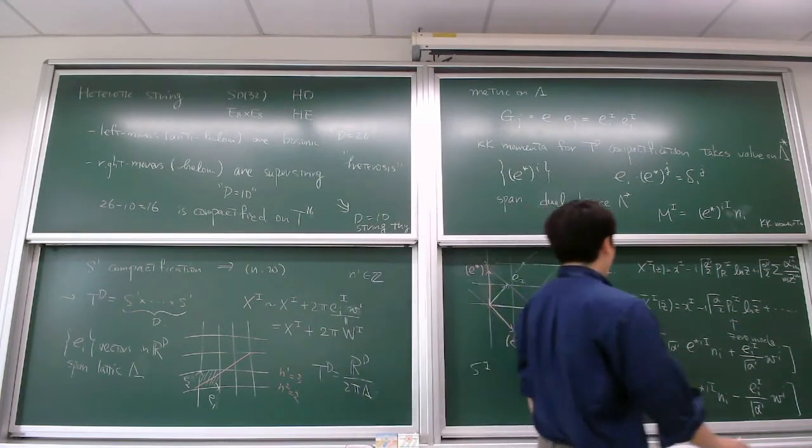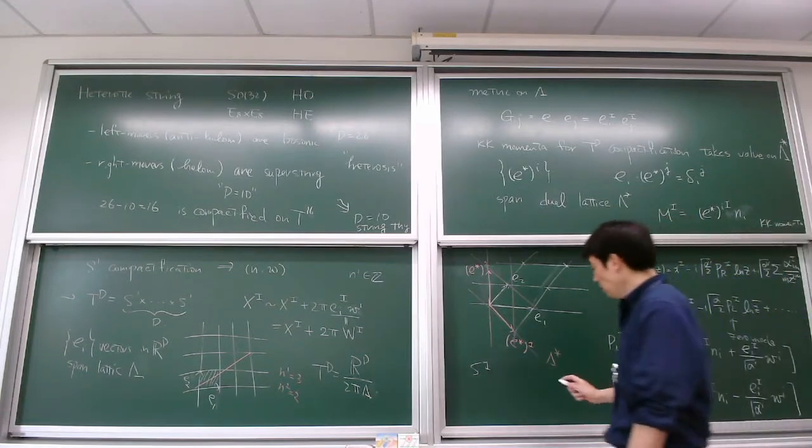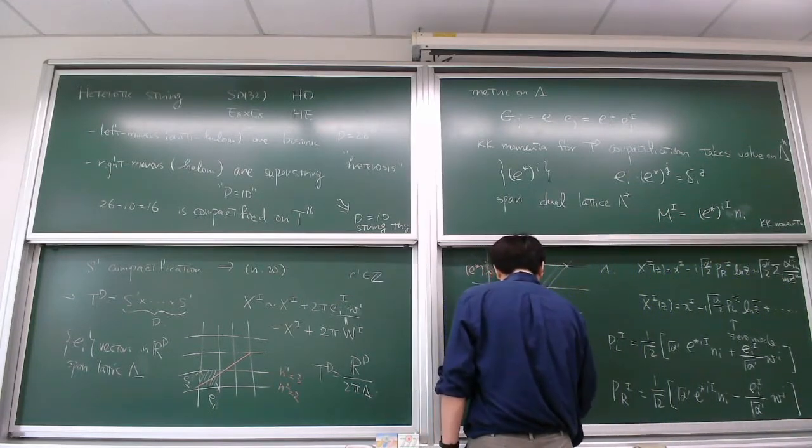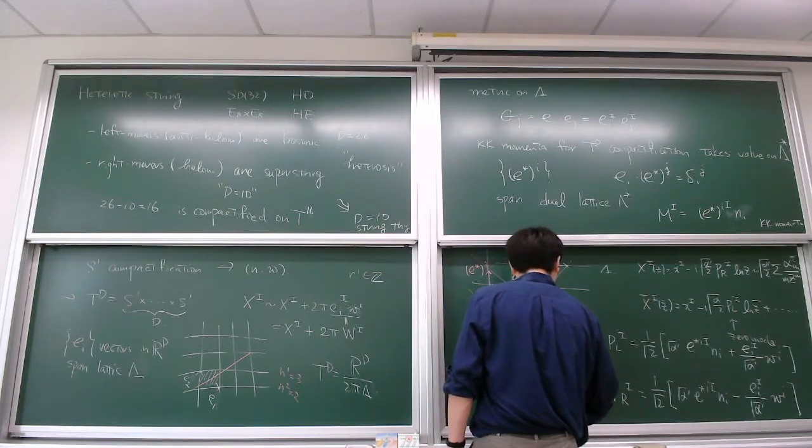Namely, if you add them up, the conjugate of the momenta becomes t, the conjugate of the winding number becomes sigma: the worldsheet spatial direction and worldsheet time direction. If you combine log z and log z bar, as far as I remember, z is equal to something like e to the minus i sigma plus i tau.